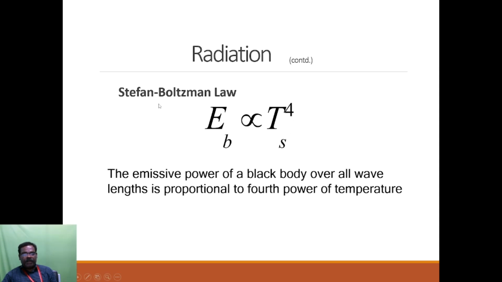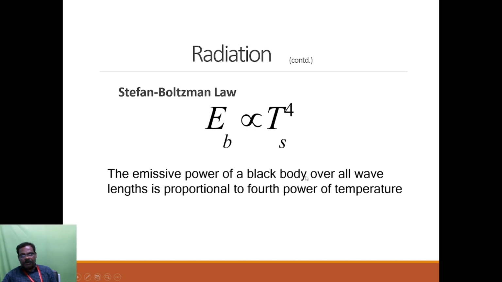Through electromagnetic waves, heat is transferred from one place to another, which is called radiation. Radiation follows this particular law, the Stefan-Boltzmann law. Whereas conduction follows Fourier's law, convection follows Newton's law, and radiation follows the Stefan-Boltzmann law.